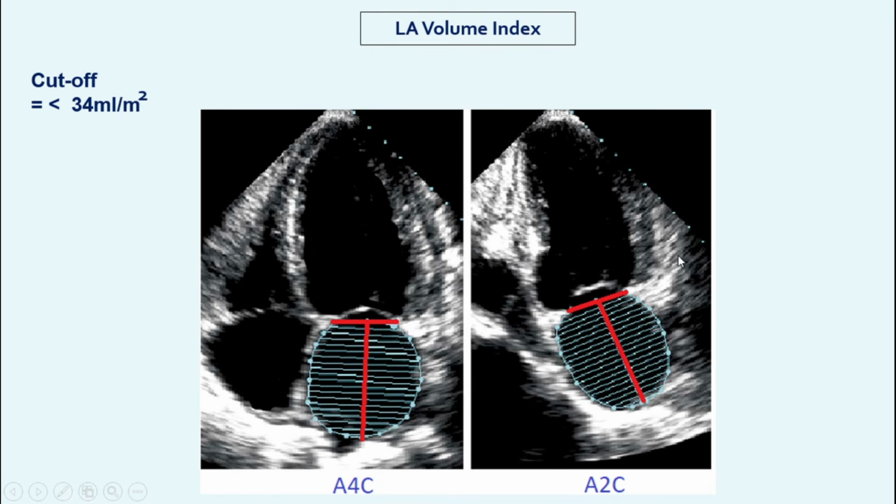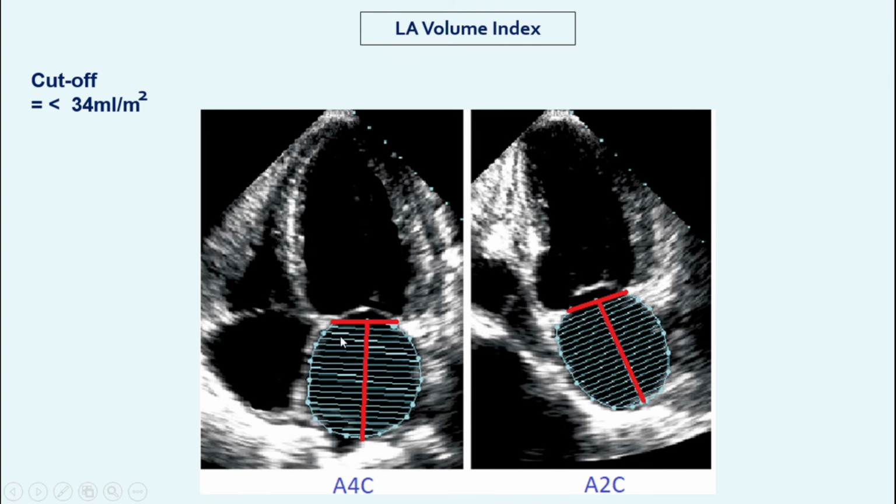For left atrium volume index, we have to measure it in two views, 4-chamber and 2-chamber. For measuring the left atrium, always keep in mind that the atrium shape is almost rectangle or oval, close to a round shape.